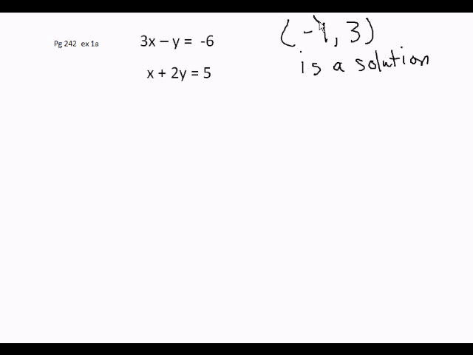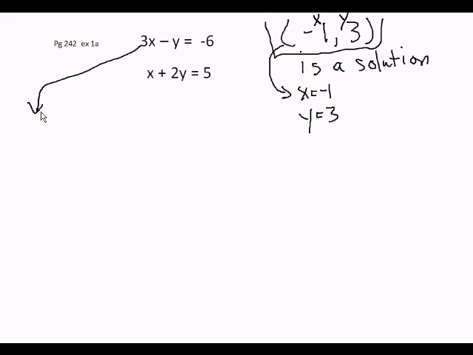Remember when we find a point on a graph, the x is always the first part of the coordinate. This is just a dot on the graph, negative 1, 3, and the 3, the second part, is the y. So in this coordinate, x equals negative 1 and y equals 3. So it says determine if negative 1, 3 is the solution.